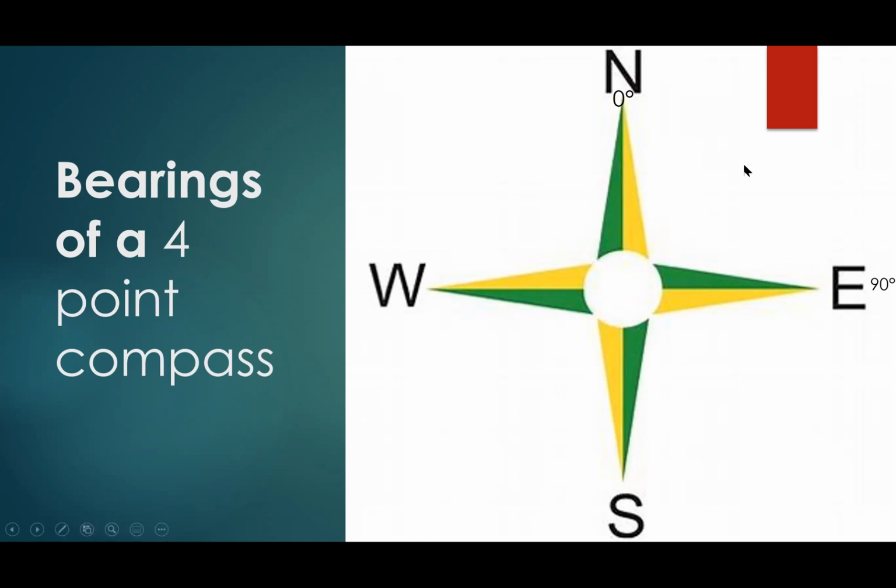Now, if you notice, from north to east is 90 degrees. And so from east to south is also a right angle. So we are now adding 90. So 0 to here is 90 degrees. So 90 degrees plus 90 degrees will give us, let me hear the mathematicians, 180 degrees.